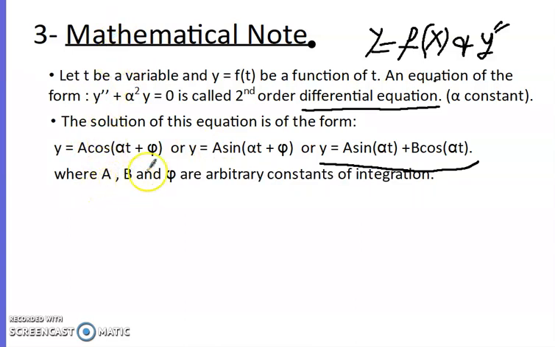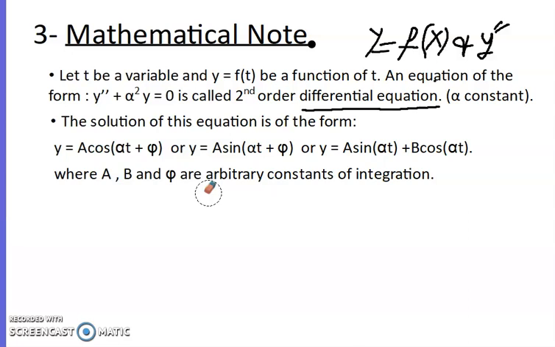Now what are A and alpha? A, B here, and phi are arbitrary constants. What do we mean by arbitrary constant? They are constants of integration. Don't forget that when you make integral of a function, if you have y prime, then you get one arbitrary constant. You know this from mathematics, yes? But if you have y double prime in mathematics, you get two constants.